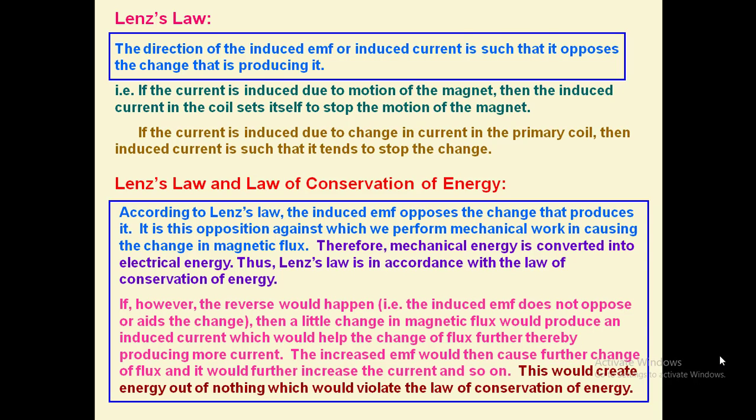The increased EMF would then cause further change of flux and it would further increase the current and so on without any mechanical work. This would create energy out of nothing, which would violate the law of conservation of energy. That's the reason Lenz's law obeys the law of conservation of energy.